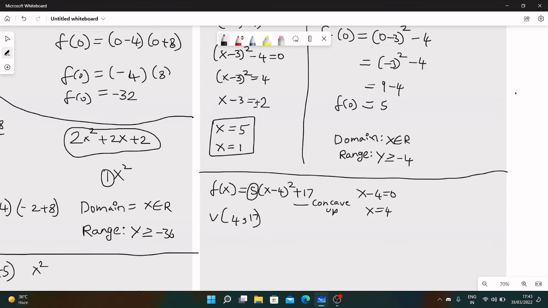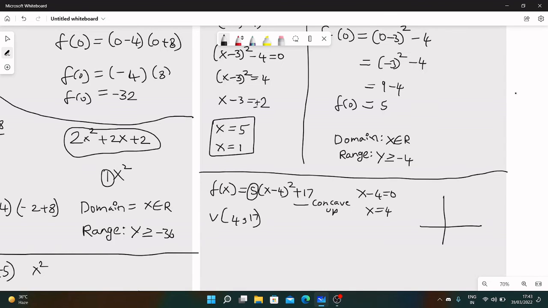So now let's move on to the x-intercepts. Over here, you don't even have to start solving it to find out the x-intercepts. I'll tell you why. This function is going to give a concave up parabola, and our vertex is 4 comma 17.